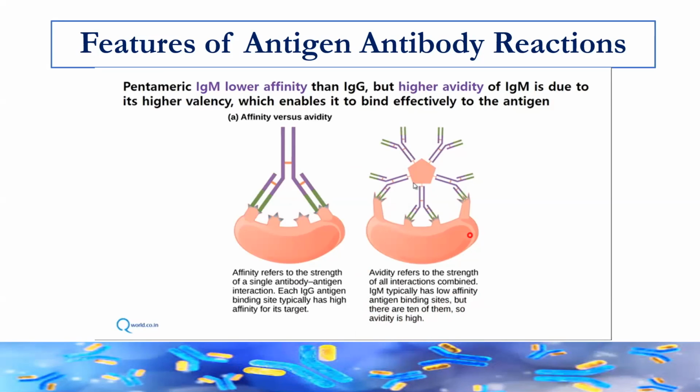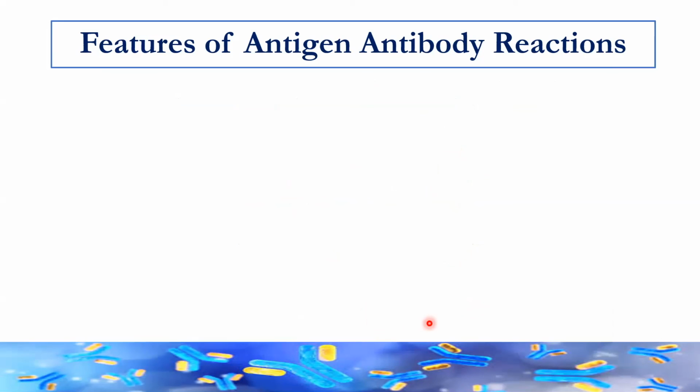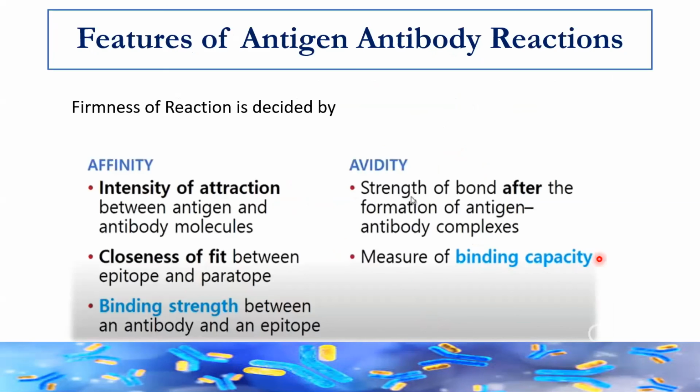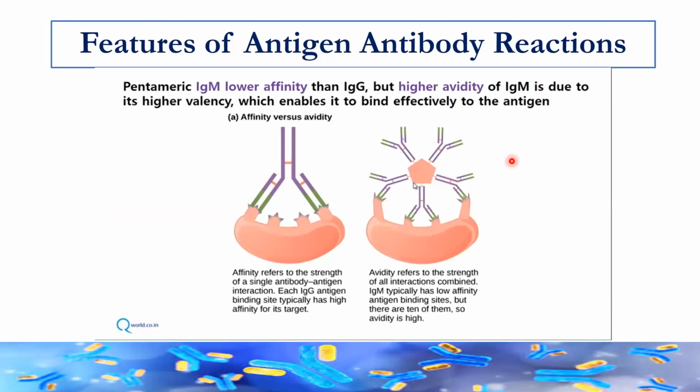After binding, the strength it produces is high. So after the formation of the antigen antibody complex, the strength of the binding is high, the avidity is high. So I hope you understand the difference between affinity and avidity.